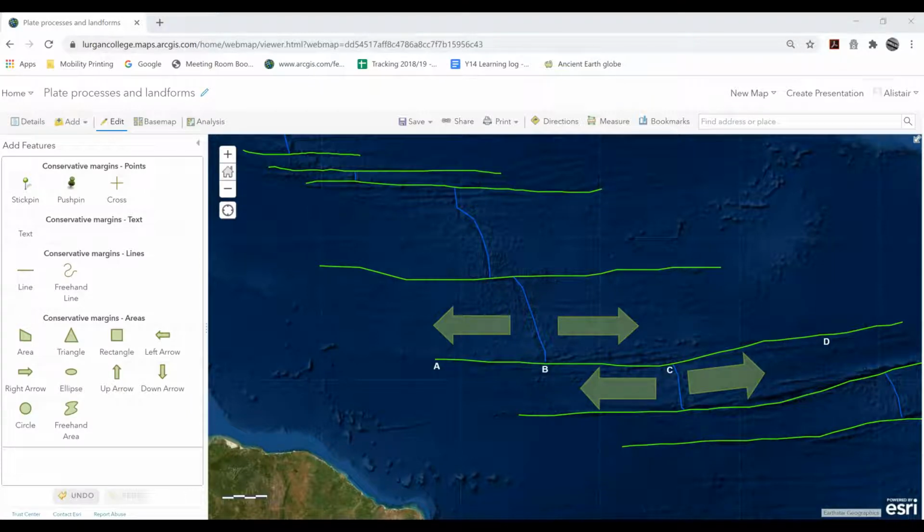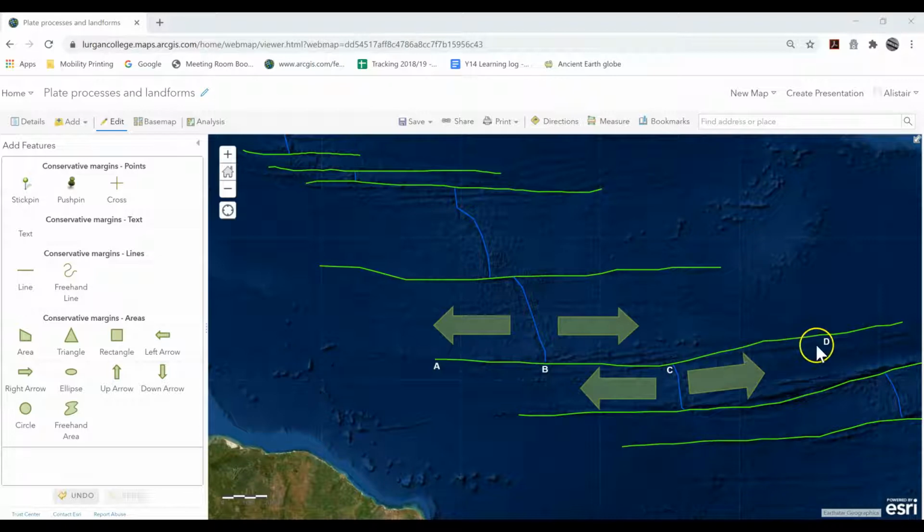Right, let me explain this to you and see if you've got this correctly. I've added in a few letters here to see if that's going to help us a little bit. So, we've got this constructive plate margin here with the plates moving apart, constructive plate margin here with the plates moving apart. Now, between A and B, B and C, C and D. Right, let's start off with B and C first of all. Because these plates are moving apart here, because these plates are moving apart here, you can see between B and C, the plates are moving alongside each other in different directions.